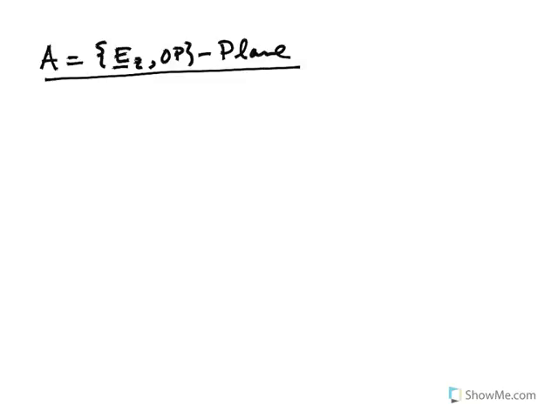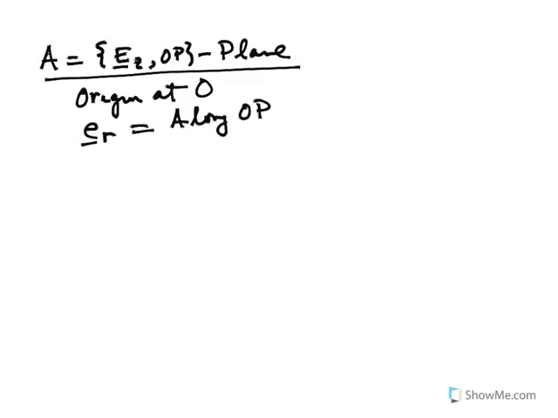The second reference frame, which I'm going to call A, is now the EZ OP plane. And you remember that I defined it already to be the plane formed by the direction out of the page and the direction OP. That is now the EZ OP plane. So the origin of the coordinate system is again going to be at O. I'm going to put ER along OP.